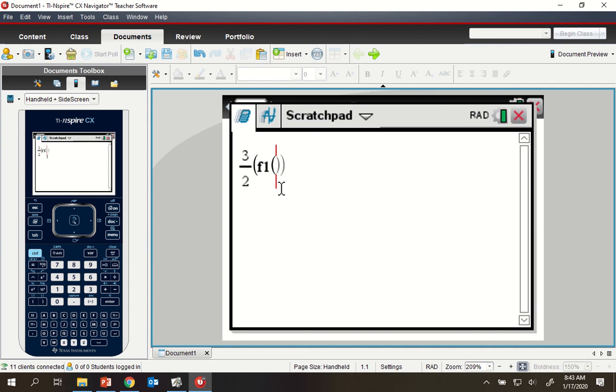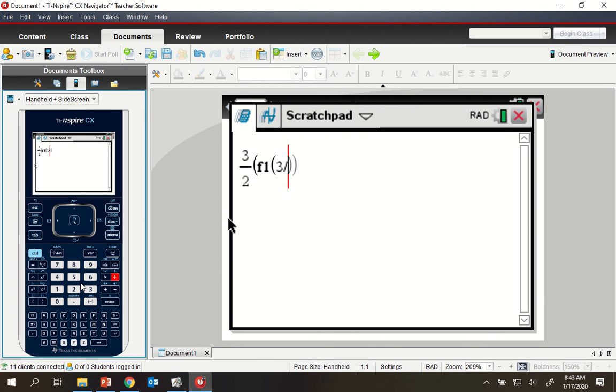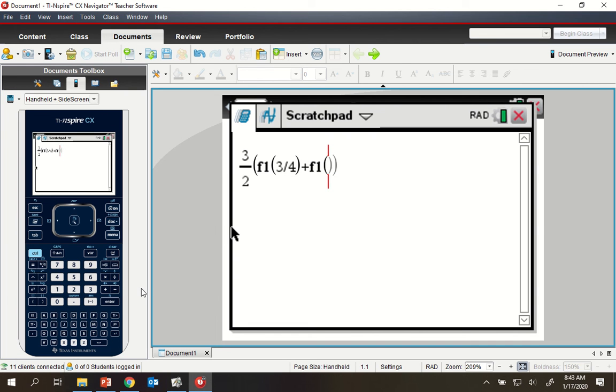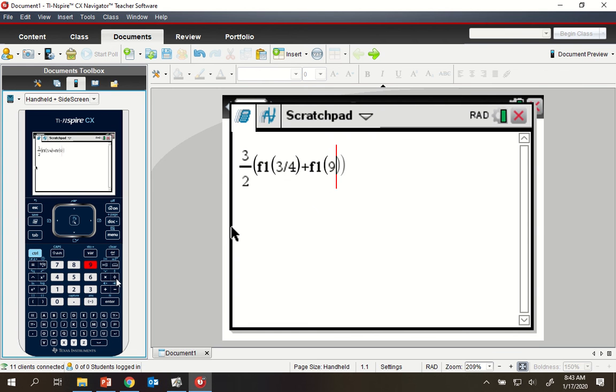And that is my first function. And what was my first number I'm finding? 3 over 4, right? So 3 over 4, close, plus my next function. So it's again vars, and I want 9 over 4, close, plus.